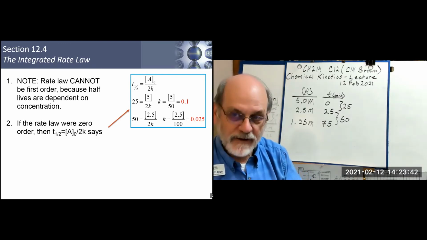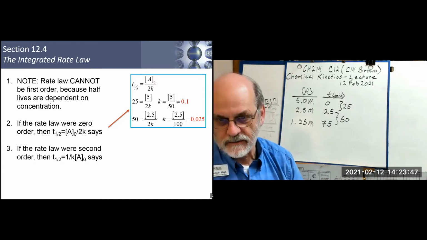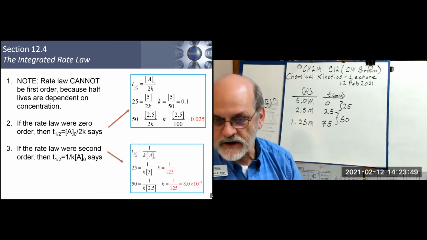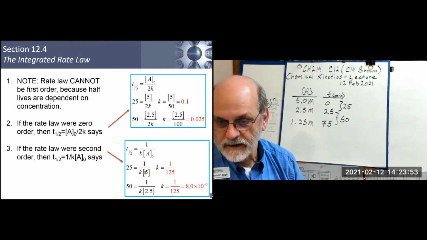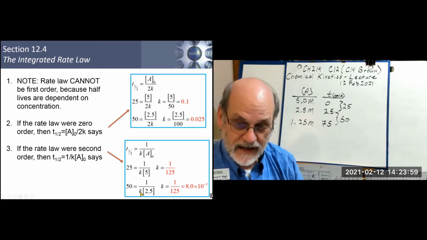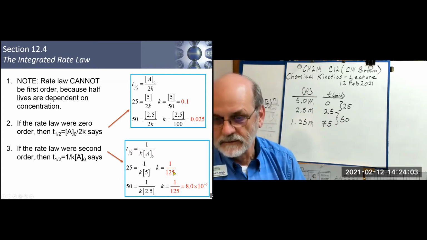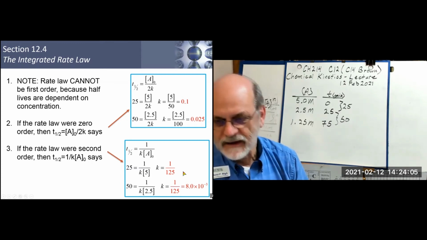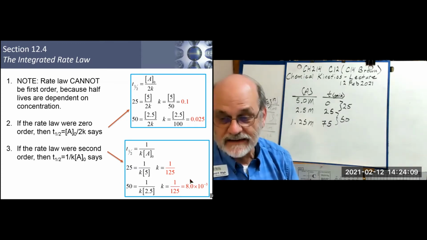So we go to the half-life for second order, 1 over K times the initial concentration. And we do the same concentration analysis here. Put in the concentration against the half-life, solve for K, put in the concentration for the second half-life, solve for K, and they're the same. 1 divided by 125, and turn that into scientific notation is 8 times 10 to the minus 3.